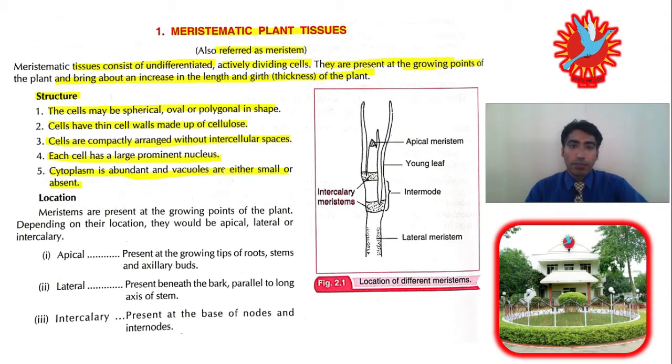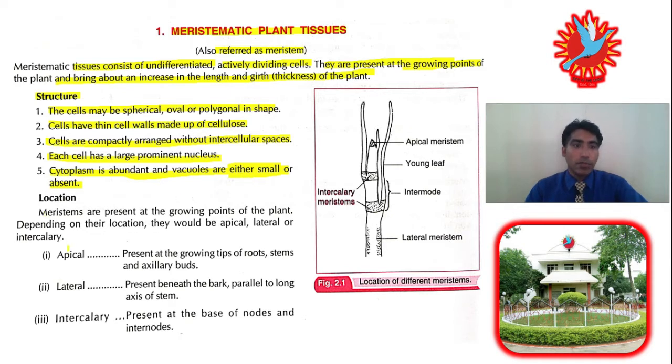Here keep this in your mind. Usually plant cells have a large and prominent vacuole, but here the cells of the meristematic plant tissue either have small vacuoles or the vacuoles are absent.